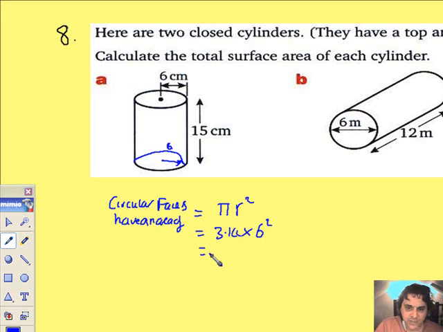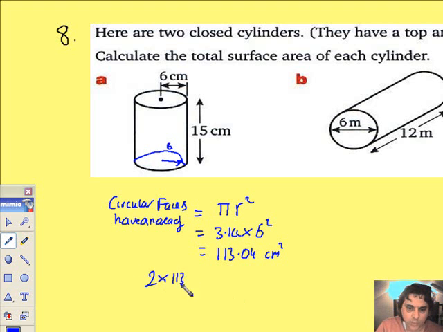Let's just do that now. So 3.14 times 36. So the top and the bottom have an area of 113.04 centimeters squared. And I've got two of these now.